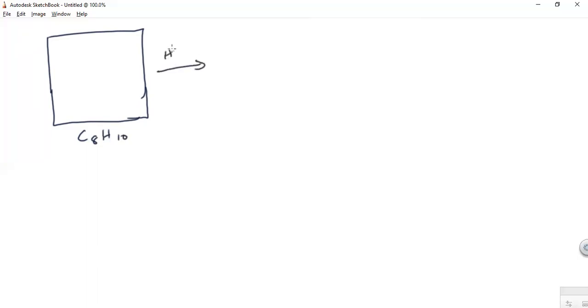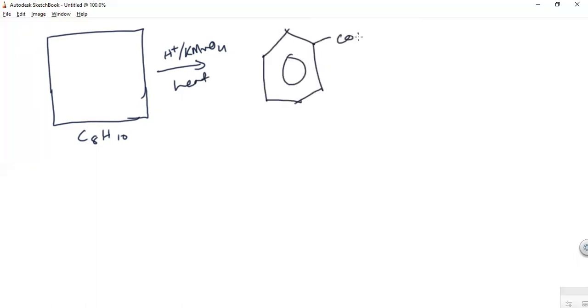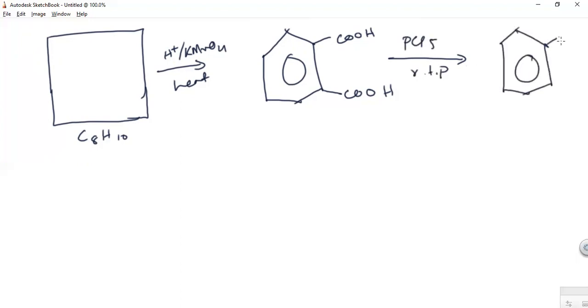And when we add H plus and KMnO4 and some heat, you should get COOH over here and COOH over here. From here, when we add PCl5 at RTP, we should be getting COCl, COCl.